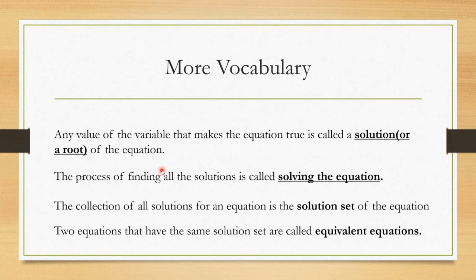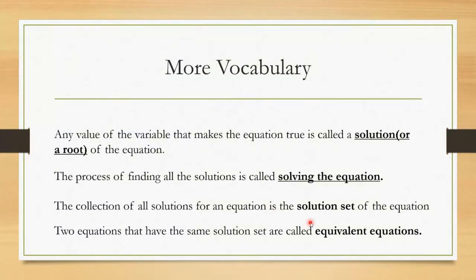Now, if you want to actually find the solutions, which we're going to do, the process of finding all the solutions is what we call solving the equation. Okay. And then we have this notion of a solution set.